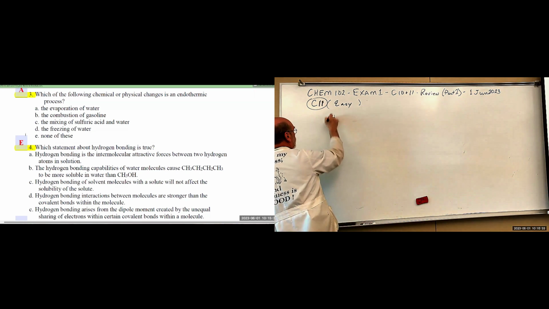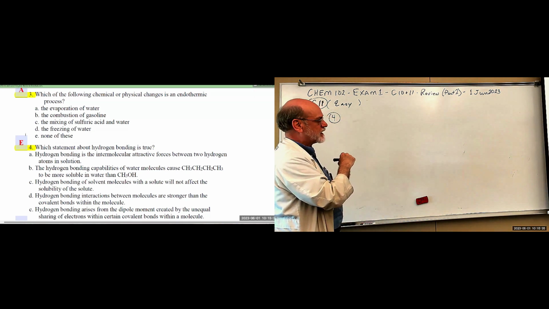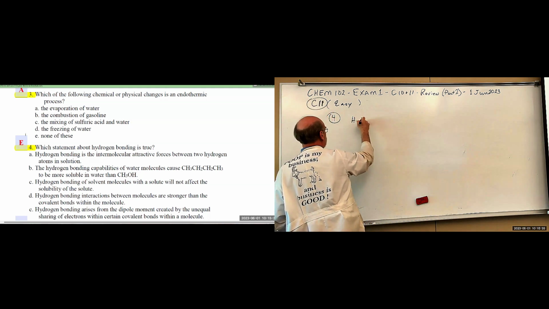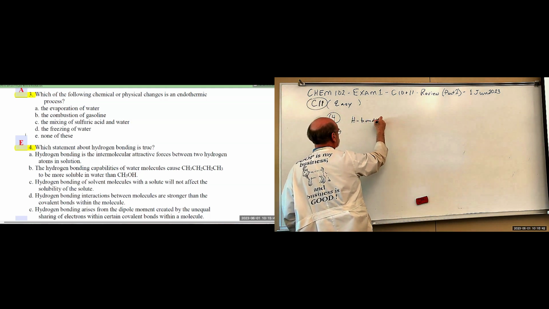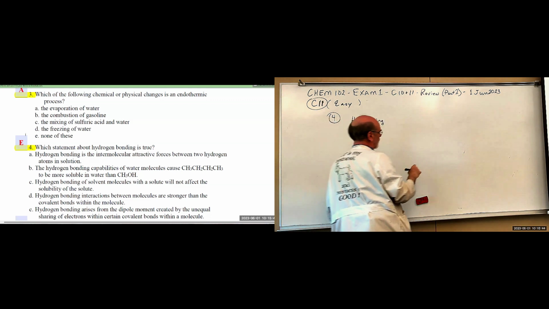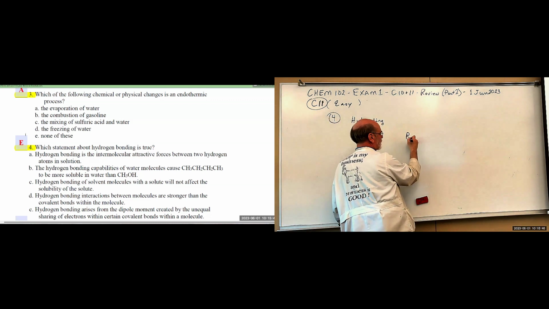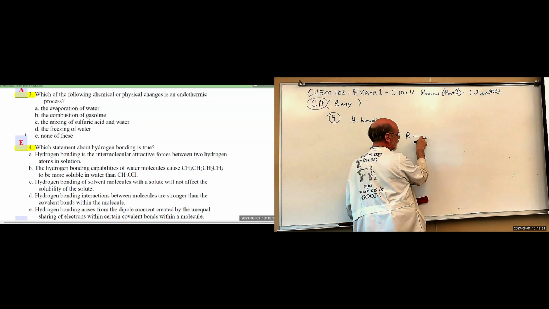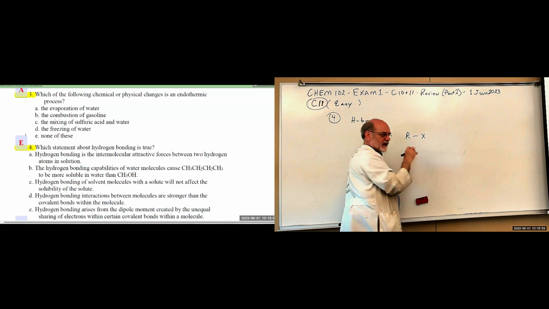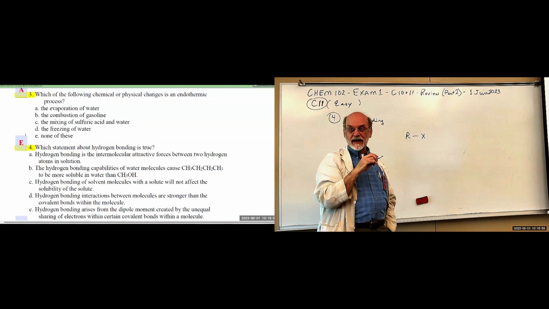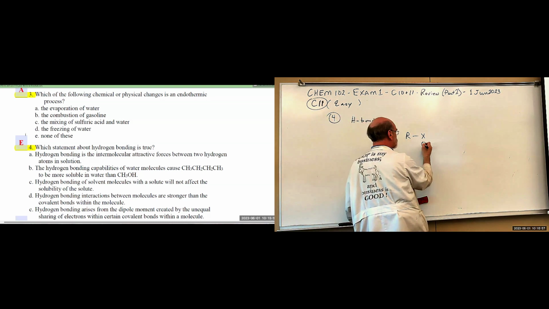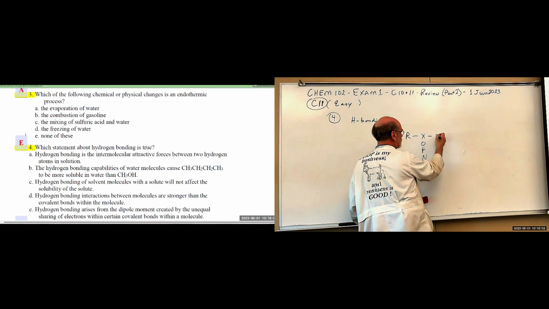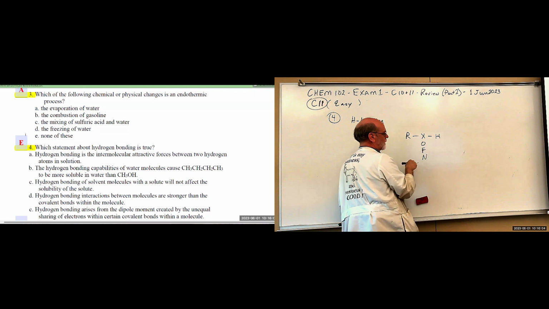Now, number 4, I think, is next. Which statement about hydrogen bonding is true? Okay, hydrogen bonding. So what's required for hydrogen bonding? Any part of the molecule is okay over here, but here you need an electronegative atom, which is usually oxygen, fluorine, or nitrogen, covalently bonded to a hydrogen.